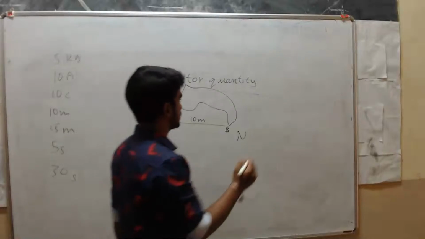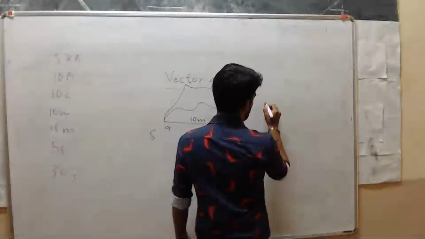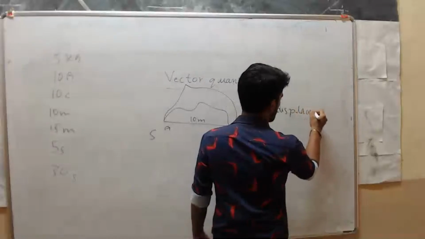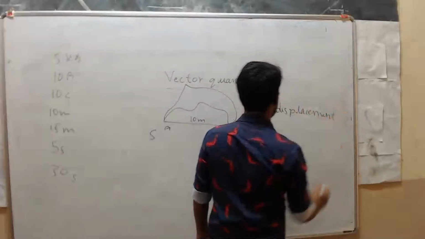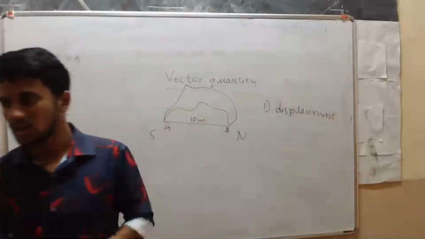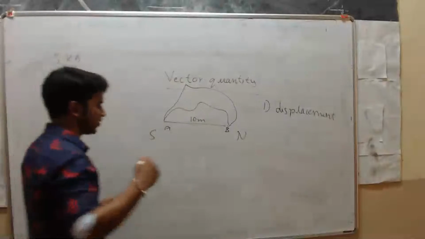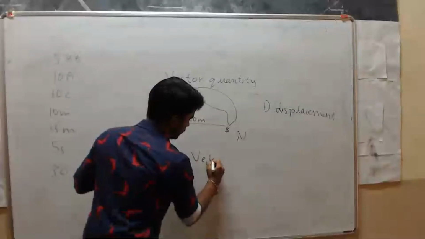Then now tell me other examples for vector quantity. First one, displacement. Displacement is an example for vector quantity. Other examples, yes, velocity is also an example for vector quantity. Why? Because see here, we know the formula.